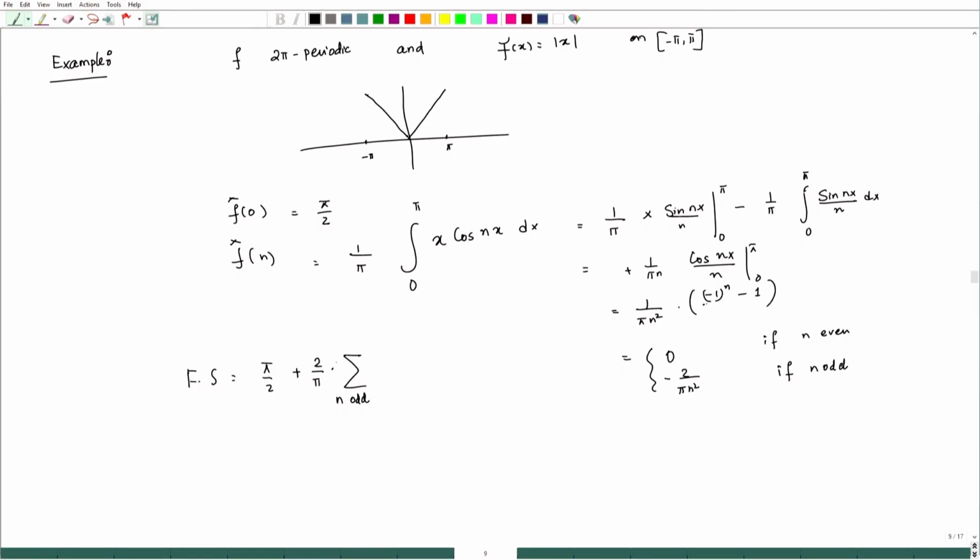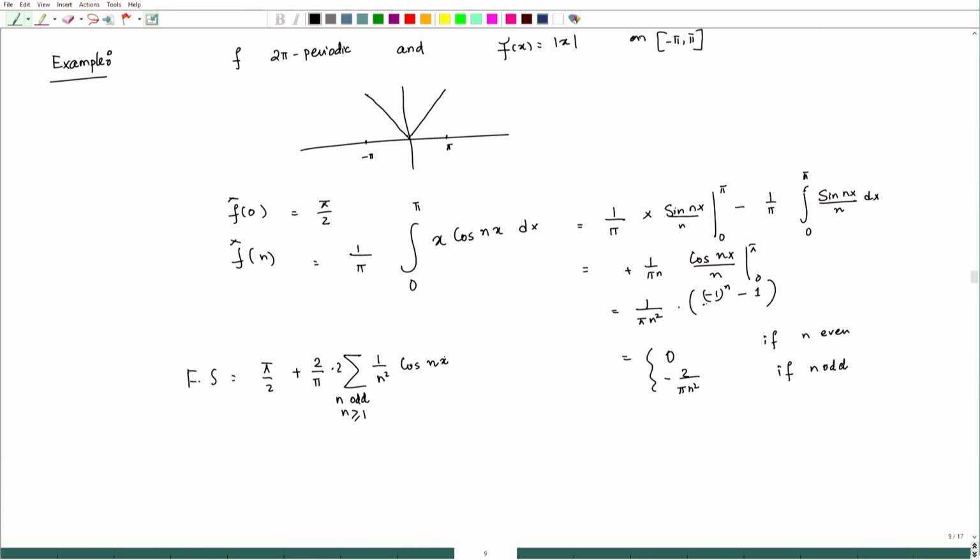So, the positive term and the negative term both come out to be n square, so I can multiply by 2 and consider n greater than or equal to 1. So, this is 1 over n square, and then cos n x.